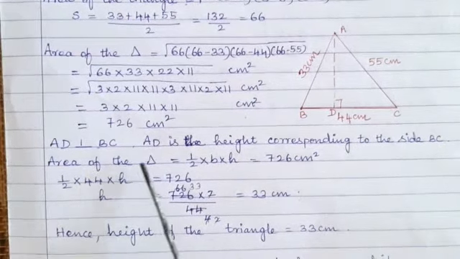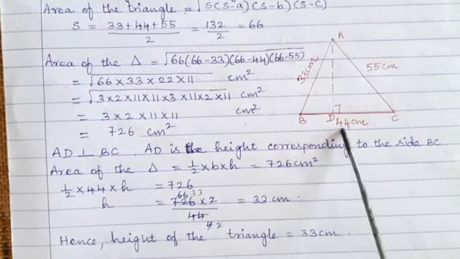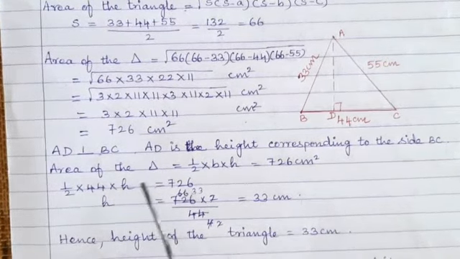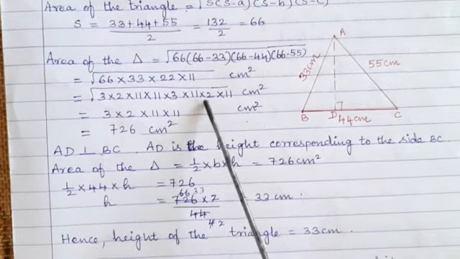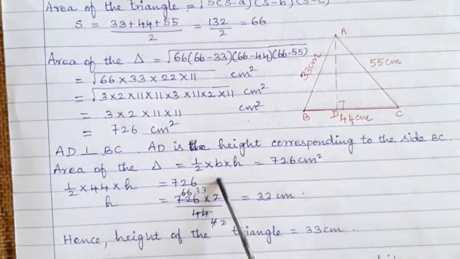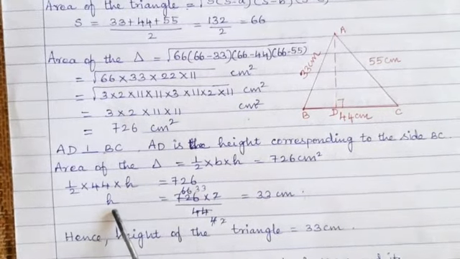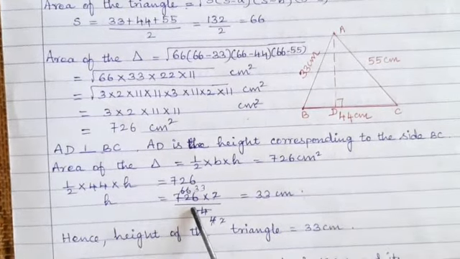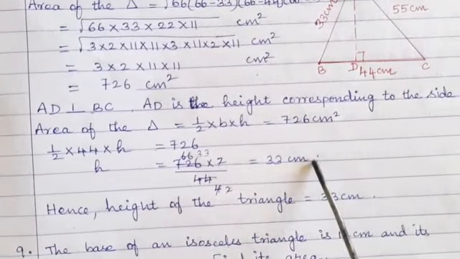Now area of the triangle is equal to half into base into height. Base we are keeping 44 centimeter, into height. Already we have calculated the area of the triangle using Heron's formula, that is 726. Now we compare these two formulas together, then we will find the height. Height equals 726 into 2 divided by 44, that is equal to 33 centimeter.